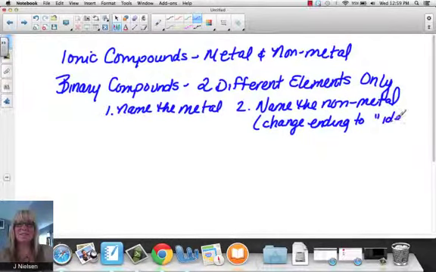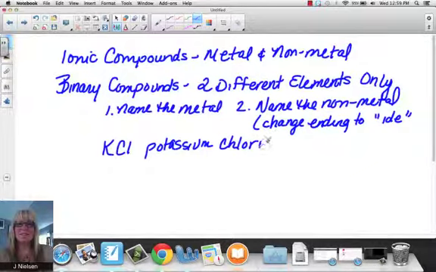A couple of examples would be KCl. So here's our metal, we're just going to name it potassium, and then we take the nonmetal, which is chlorine, and change the ending to chloride.